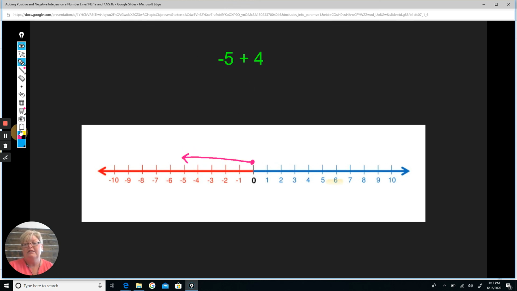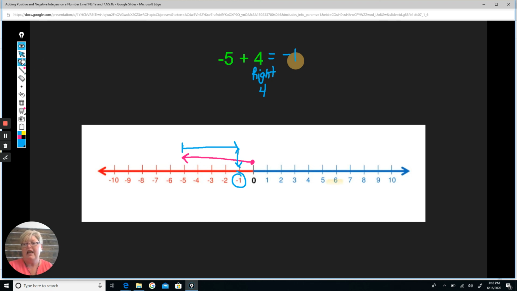And then my next term says plus 4, so that's a positive 4. So we'll go right 4 times. So pick up at negative 5. I'm going to go right 4 spaces. And that is going to give me negative 1. So negative 5 plus 4 is negative 1.